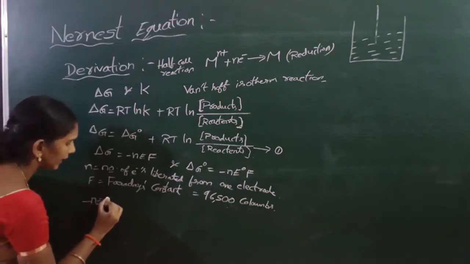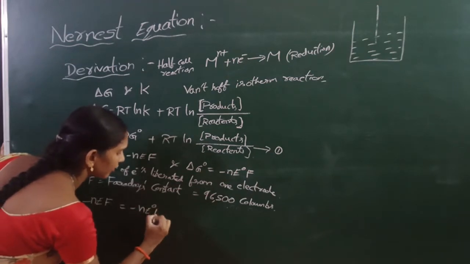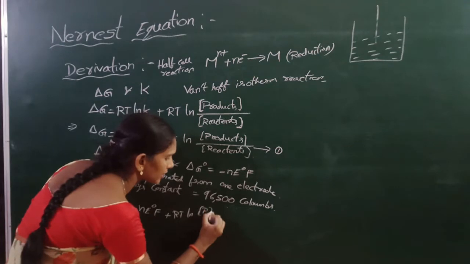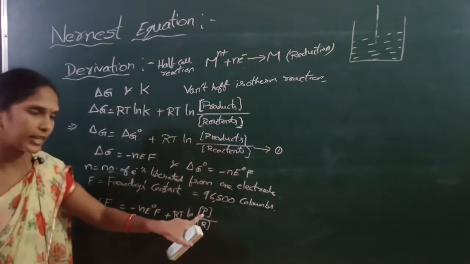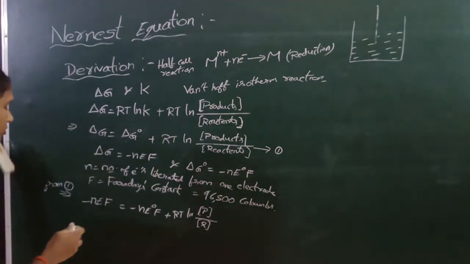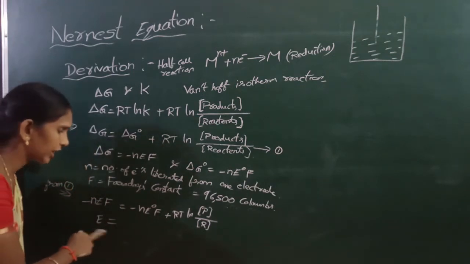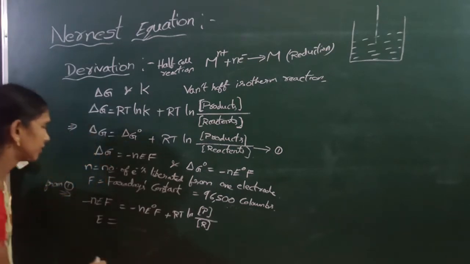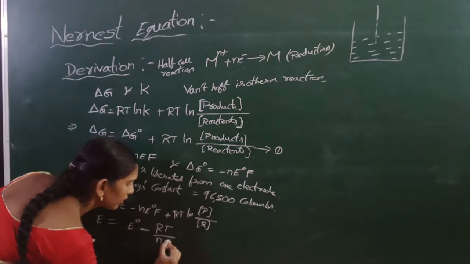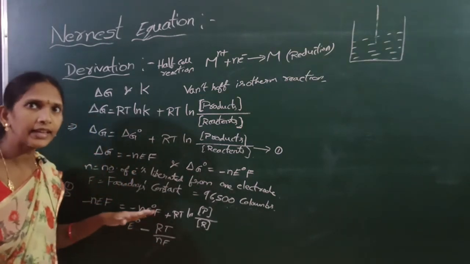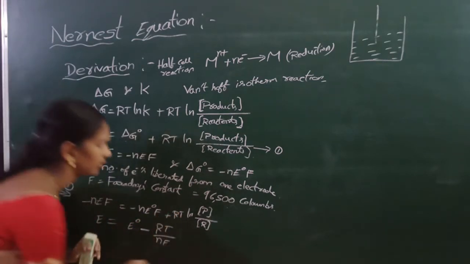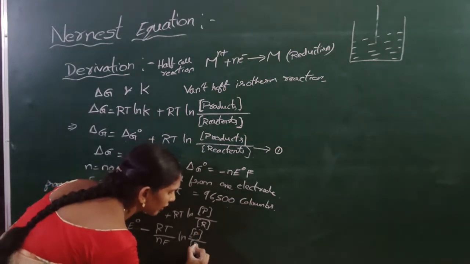Then minus nEF is equal to minus nE naught F plus RT ln [products] by [reactants]. Then we divide this equation by minus nF, so E is equal to E naught minus RT by nF ln [products] by [reactants].